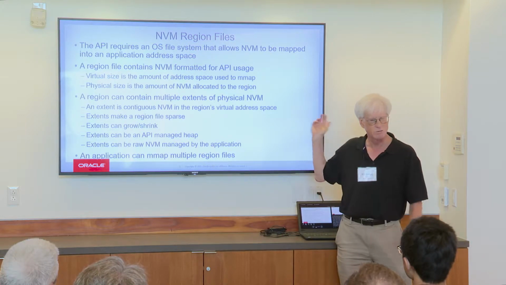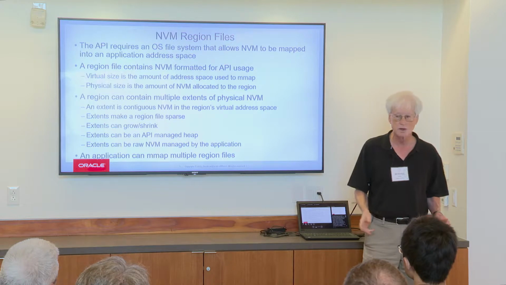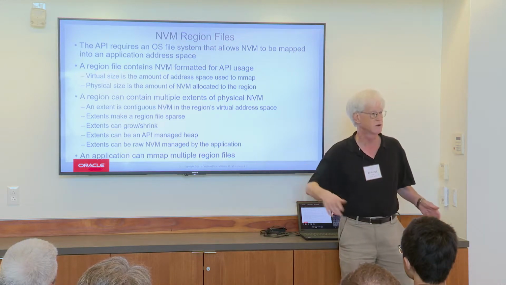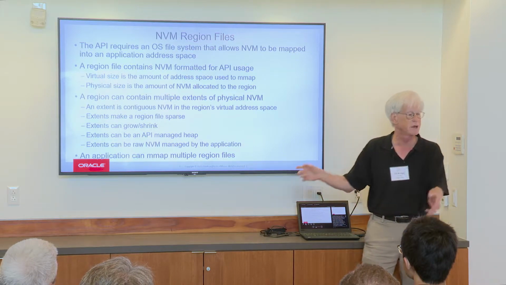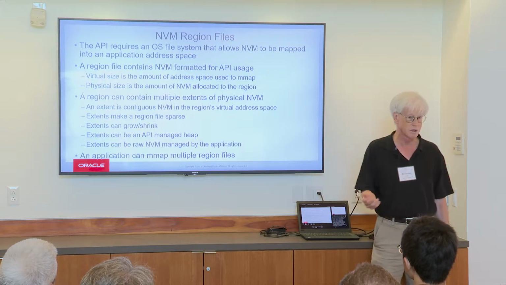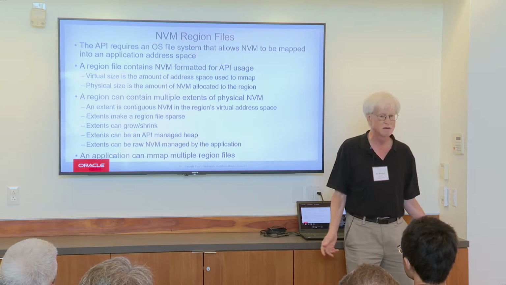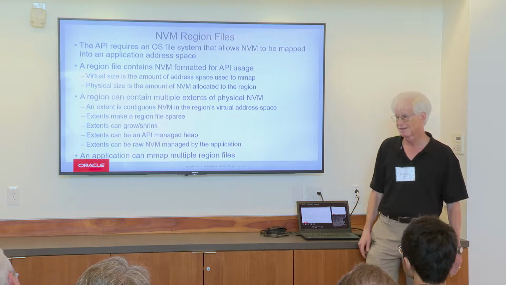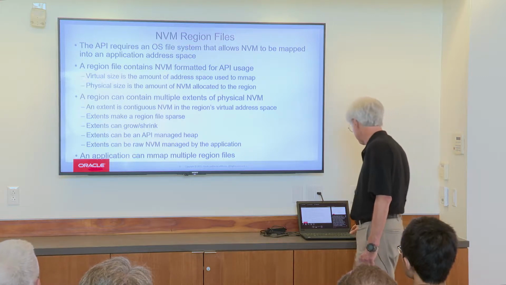But you can't really do pointers between NVM regions atomically very well. So what we do instead is you have a big address space, and you can have various extents at arbitrary offsets within there, and you can grow and shrink each extent independently as time goes on. This gives you pretty much the same effect as multiple files. Of course, you wind up burning a lot of virtual address space, but, you know, there's a lot of it. Hopefully it'll be enough.